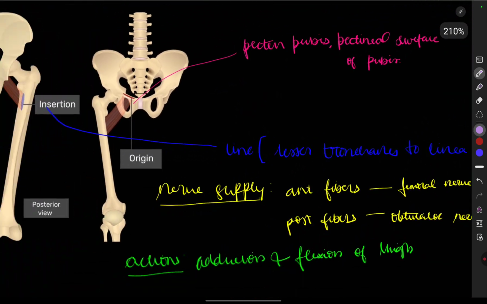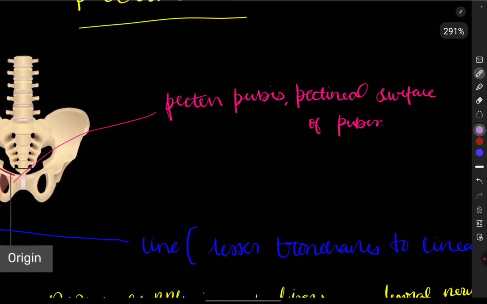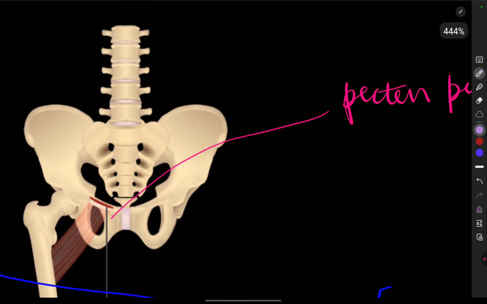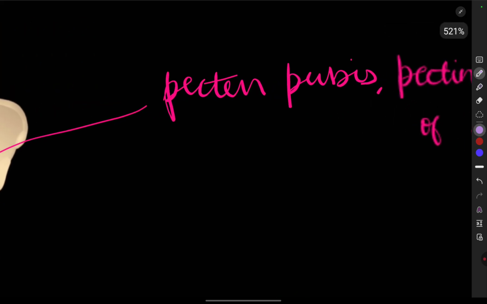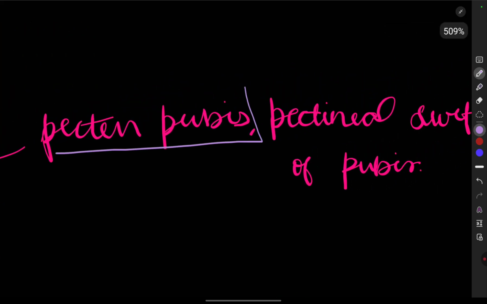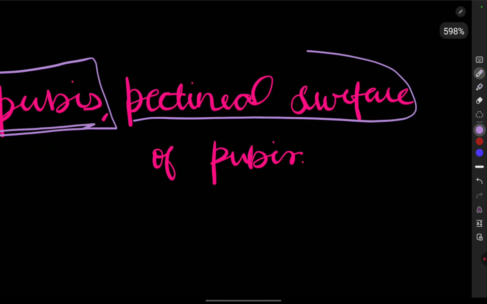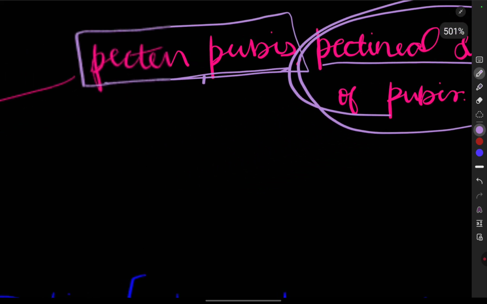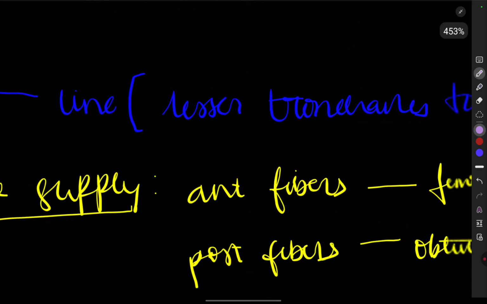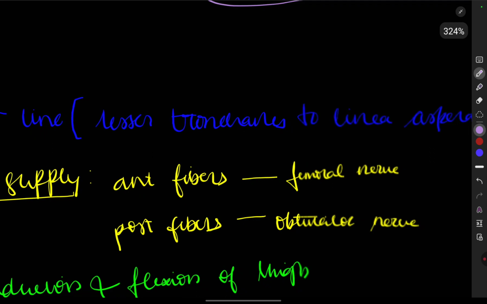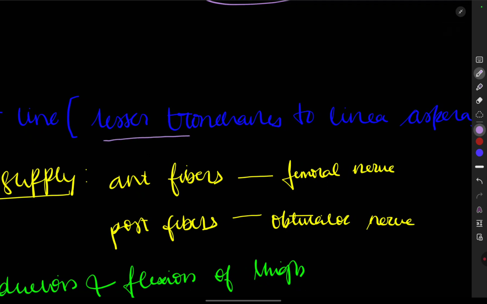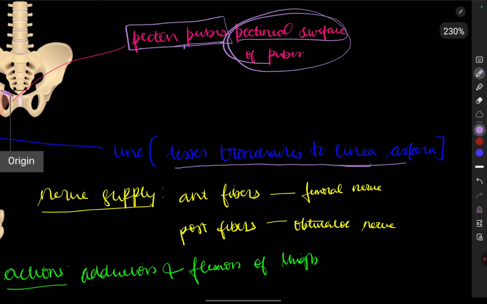Now we are going to see the last muscle, the pectineus muscle. This is the pectineus muscle, from the upper part. The pecten pubis, as I have already shown you in the surface landmarks, is where it arises, from the pecten pubis and pectineal surface of pubis. It is inserted into the line from the lesser trochanter to the linea aspera.